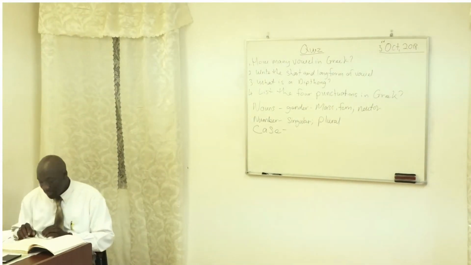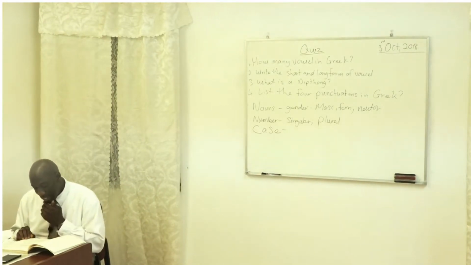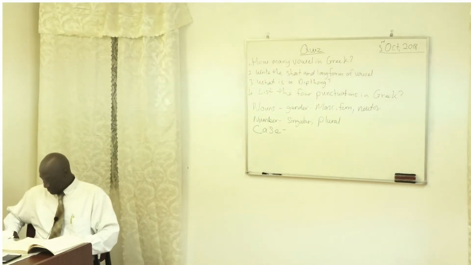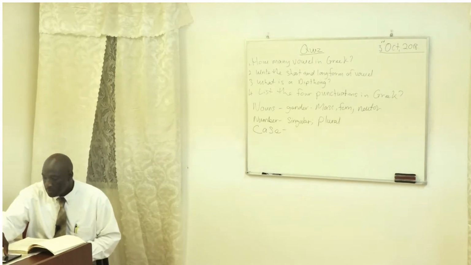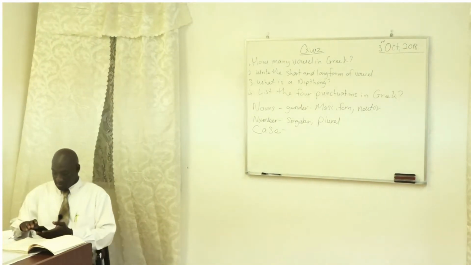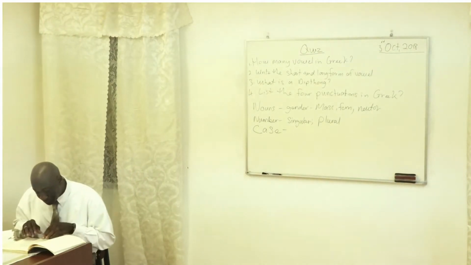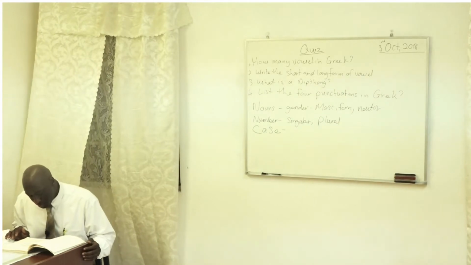Okay, let's go on to the adjectives as nouns. Still on 2-1. In English, nouns are sometimes made from adjectives, as in blessed are the poor.